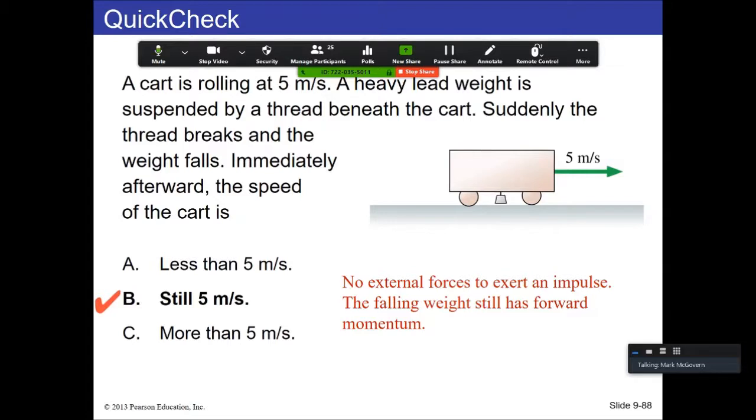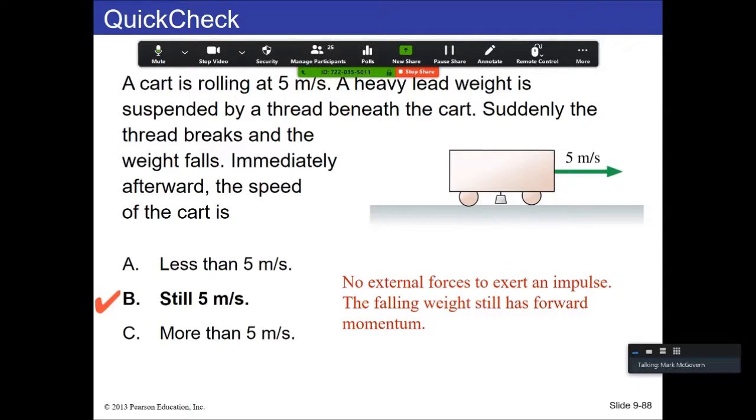If the lead weight drops, that's less weight, so you'd expect the cart to go faster. Except guess what? When that lead weight drops, it's still going 5 meters per second. So if you're looking at X direction stuff, by dropping the weight, you've not changed the momentum in the X direction at all. The system, okay, so the cart's not going to have any difference.